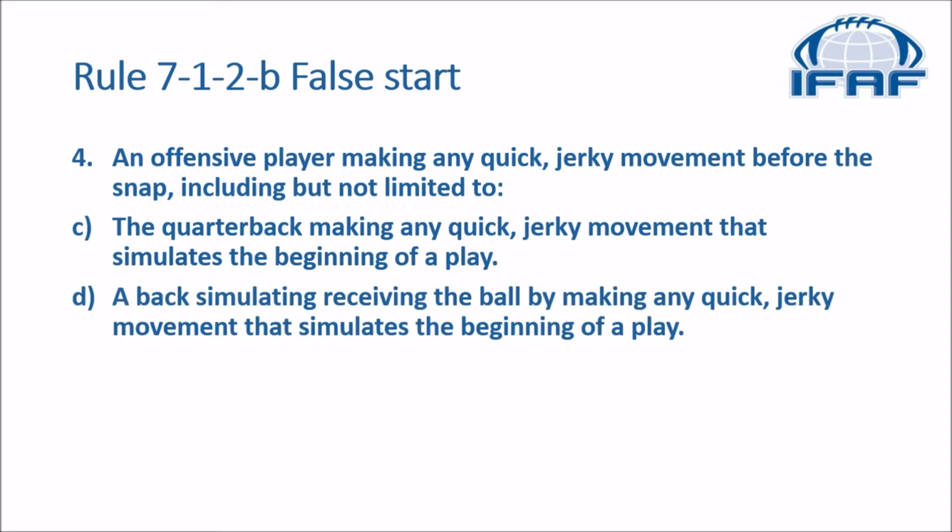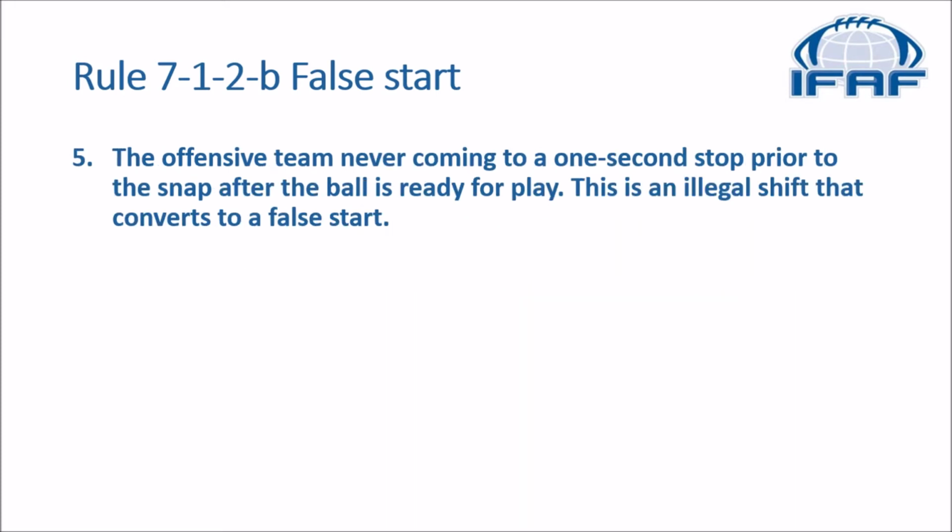And D. A back simulating receiving the ball by making any quick jerky movement that simulates the beginning of the play. And finally, 5. The offensive team never coming to a 1-second stop prior to the snap after the ball is ready for play. This is an illegal shift that converts to a false start.